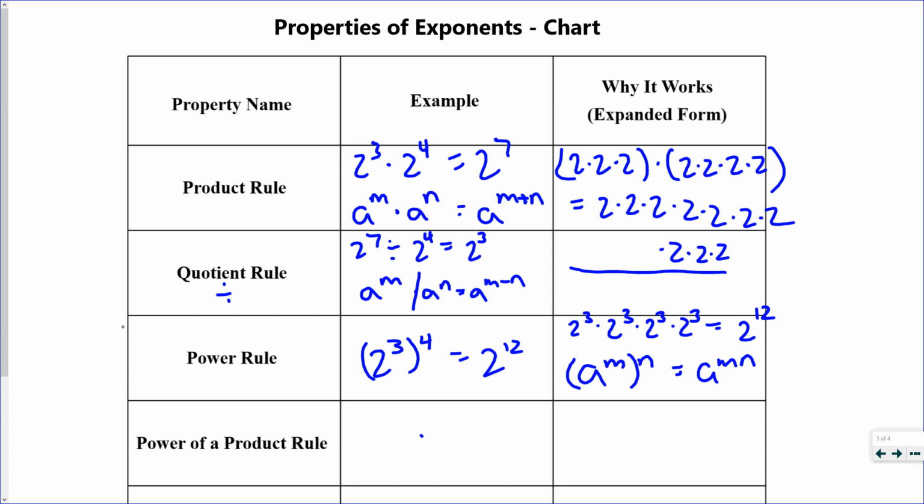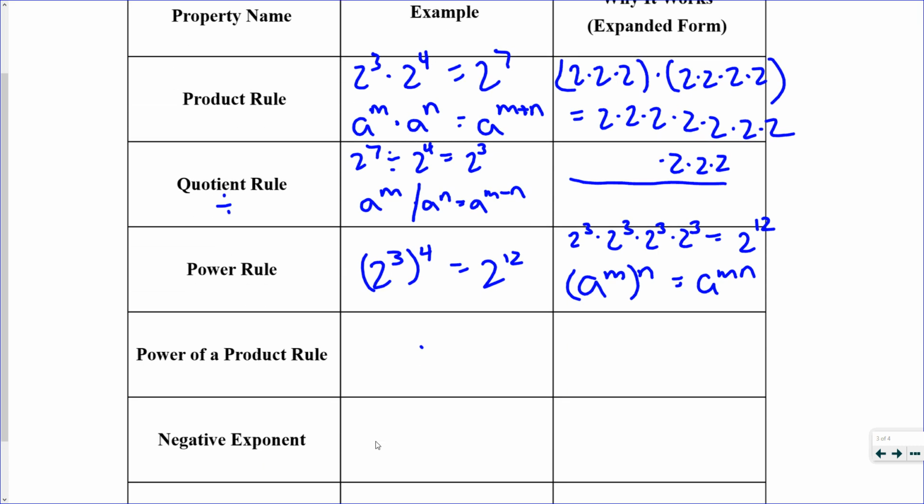Okay. Next rule, power of a product rule. This is what happens when you have the power rule, but multiple things in the parentheses. So for example, say you have 2x to the third raised to the third power.